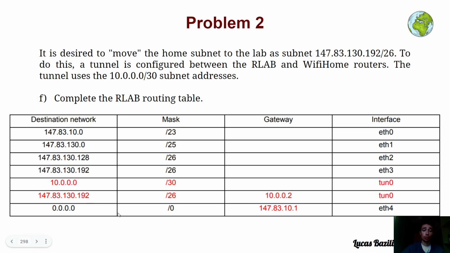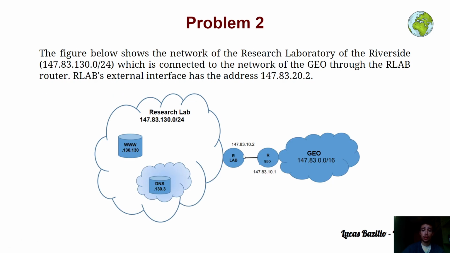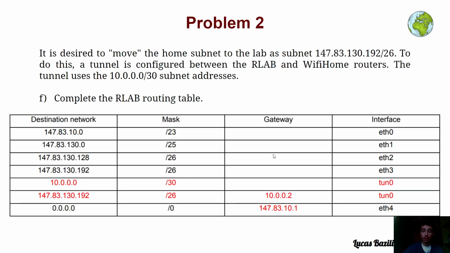Finally, in the default route, note that if we want to leave this research laboratory network and use the default route, we need to reach here the router of the geo service. So as we reach this router, the gateway of the default route is this interface in here, which is 0.1.